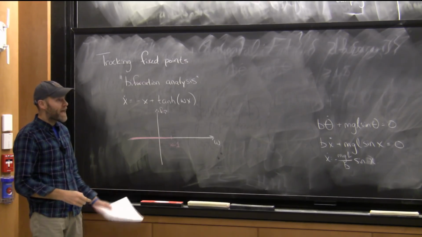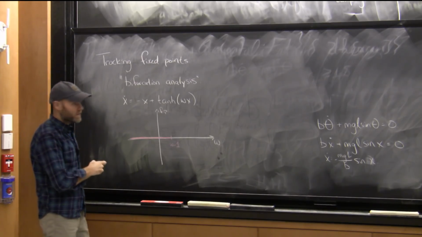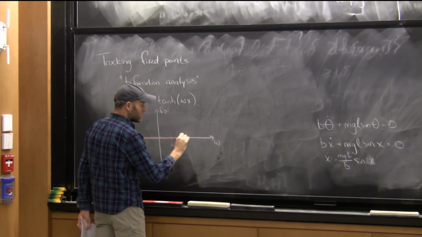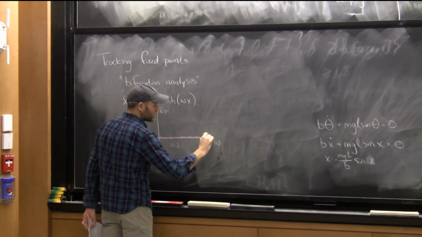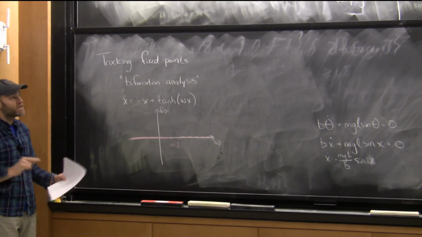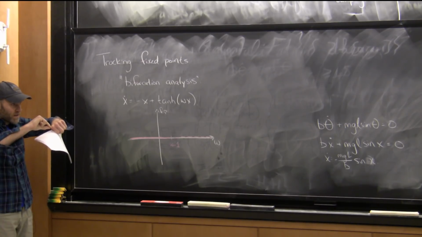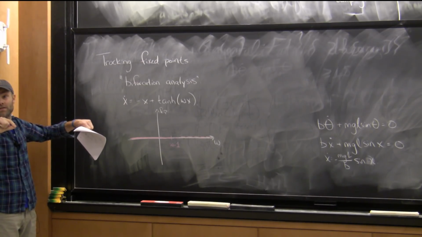I continue to have a fixed point at 0, but suddenly that fixed point becomes unstable, and typically in a bifurcation plot you would now draw that as a dashed line to say that's an unstable fixed point. But I also have these new ones. They start close to 0 and then move to 1 and negative 1.